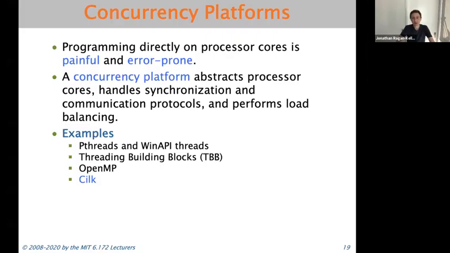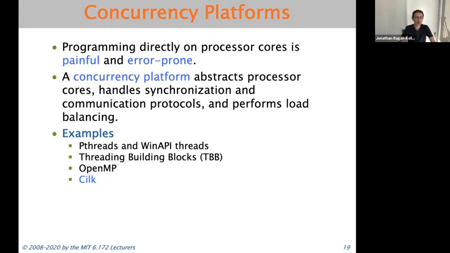Much more useful are different common abstractions that sit on top of the underlying primitives that the hardware provides, and abstract things like processor cores, how synchronization works, how we communicate between different cores, and potentially also how we multiplex or virtualize our hardware, like how we load balance when we have potentially many more tasks than we have physical cores at a given point in time. And that's the role of what we're calling concurrency platforms.